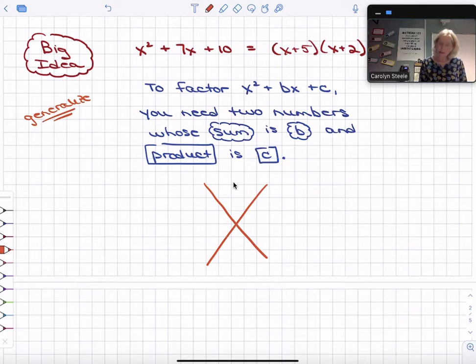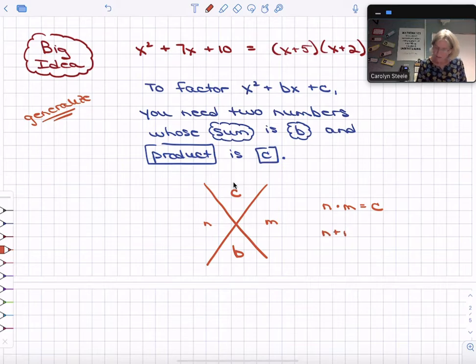Let's add a little diamond puzzle to help visualize that. We're looking for two numbers whose product is c and sum is b. We might just call those two numbers n and m. They can be anything you want. And I know that n times m must equal c, that's my constant.